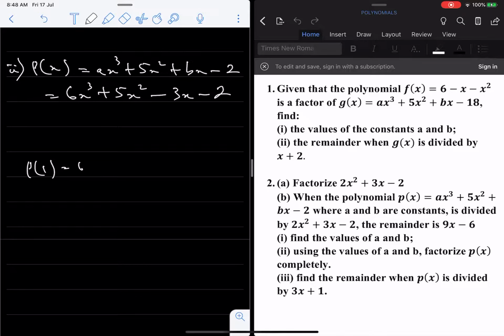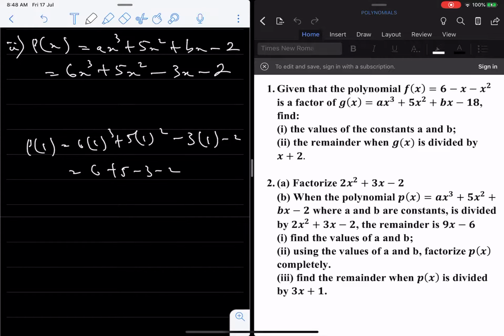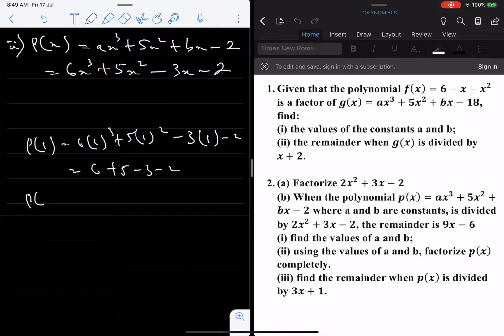P of 1 will be 6 times 1 cubed plus 5 times 1 squared minus 3 times 1 minus 2, which is 6 plus 5 minus 3 minus 2. That's not 0, obviously. P of minus 1 is 6 times minus 1 cubed plus 5 times minus 1 squared minus 3 times minus 1 minus 2.